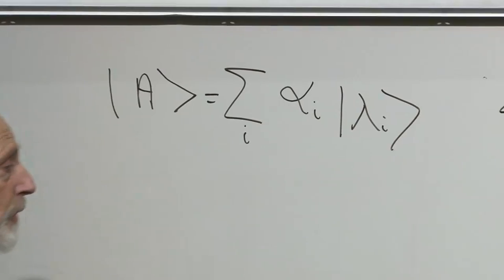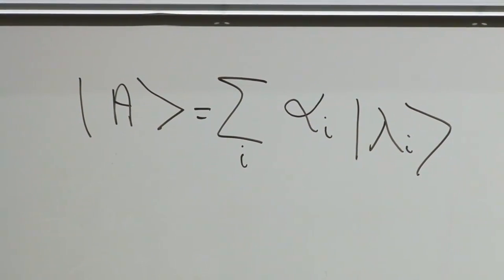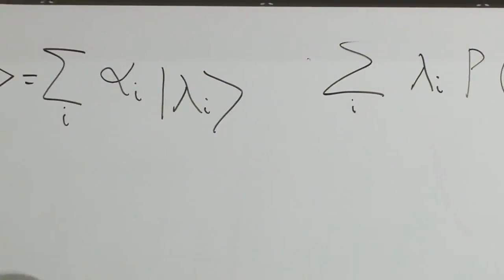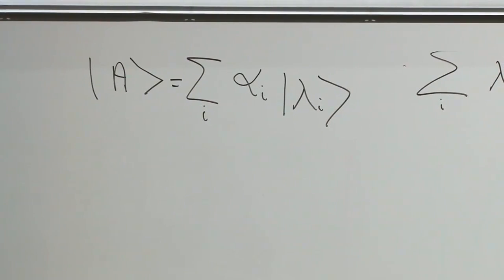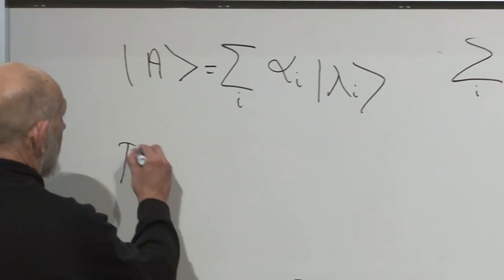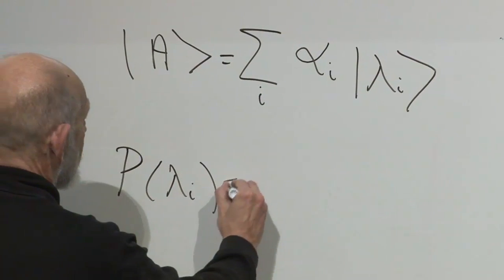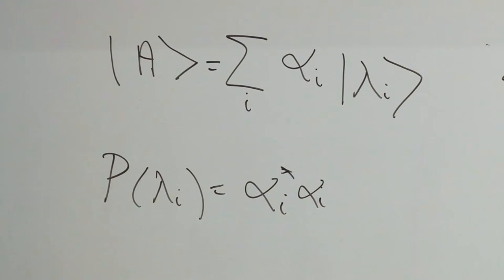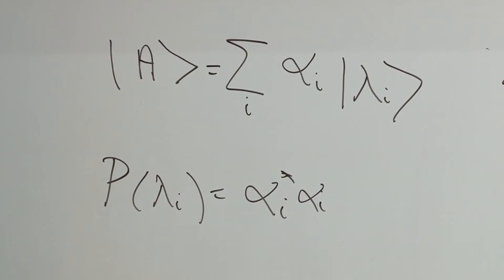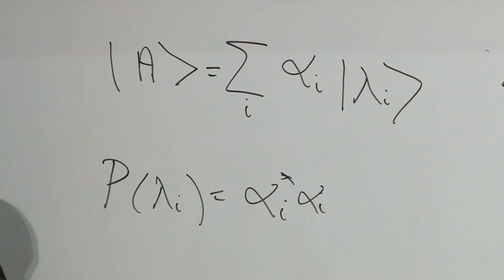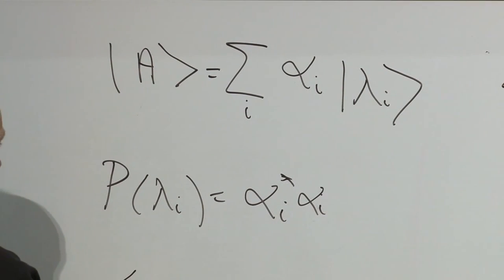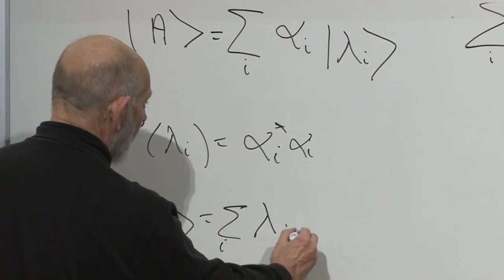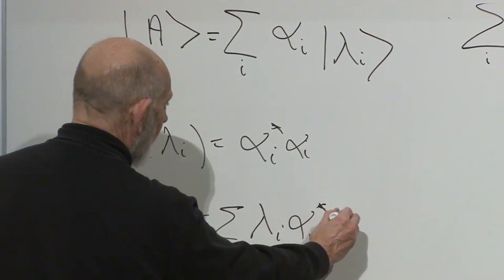Remember that the lambdas are an orthonormal basis. What is the probability of lambda in the state? The probability for lambda i is equal to alpha i star alpha i. And the average of lambda is the sum over i of lambda sub i, alpha i star alpha i.